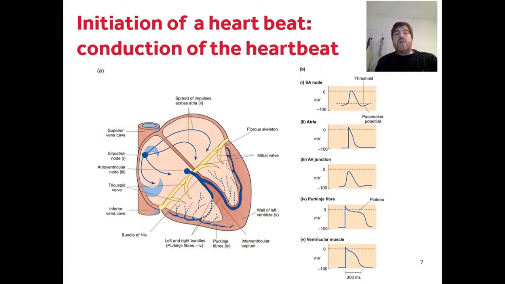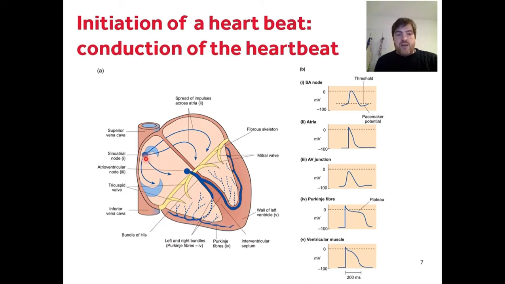If we then move to the conduction of the heartbeat through the sinoatrial node, I've already shown you this figure before. This is lifted from Pocock and Richards, so this is the full figure that you'll see in Pocock and Richards, which gives you more detail about the action potential, and we'll mention the action potential in more detail in part 3.